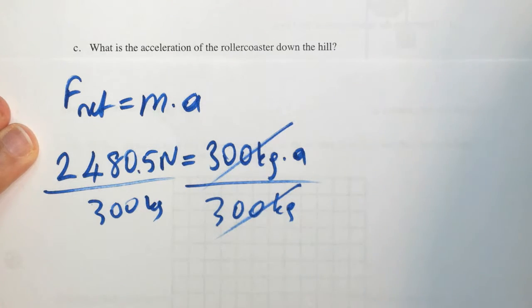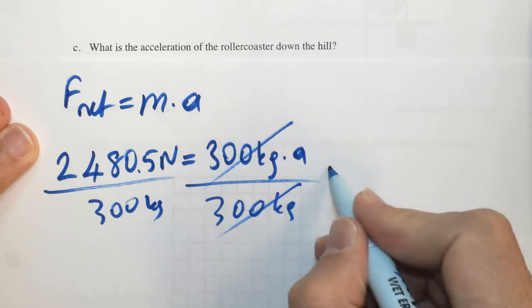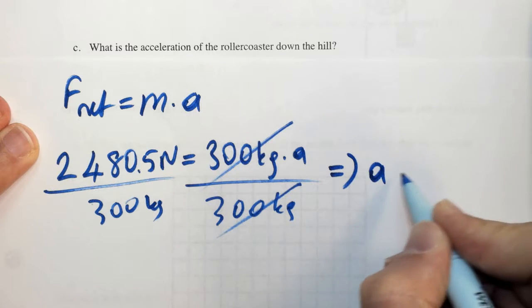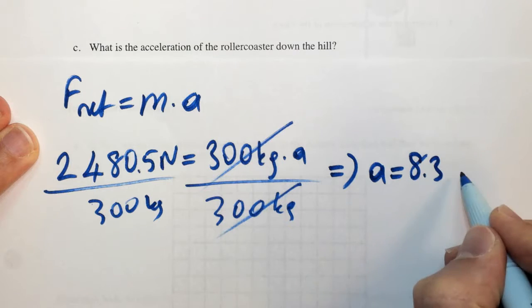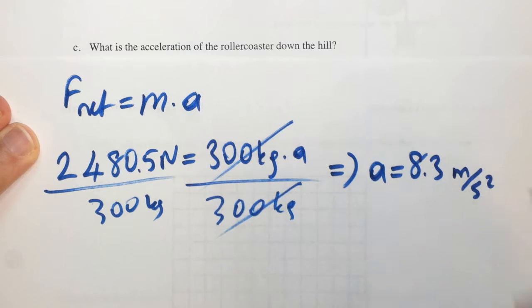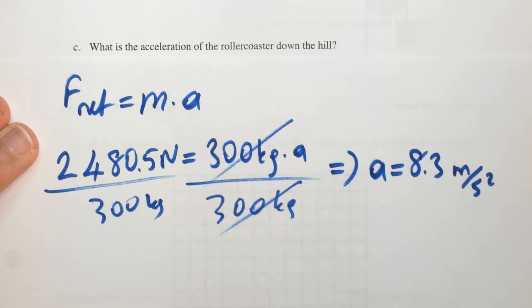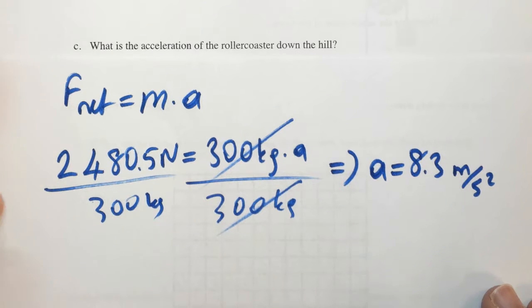Then let's put this in the calculator: 2480.5 divided by 300 gives acceleration of 8.3 meter per second squared. So that roller coaster will have that acceleration.